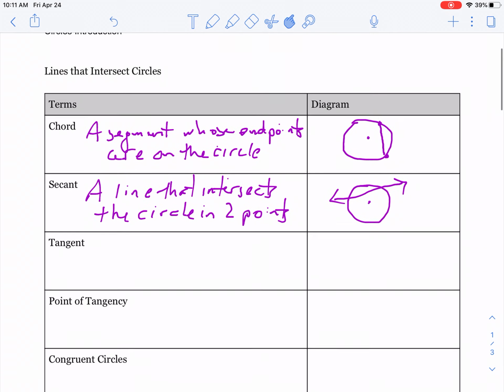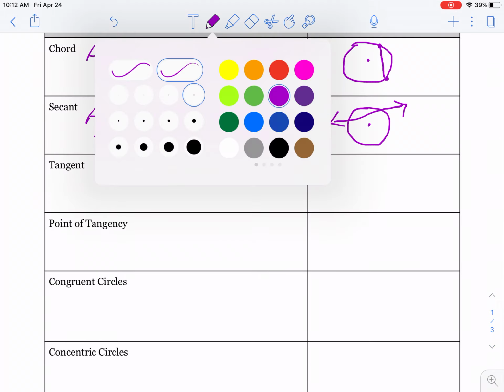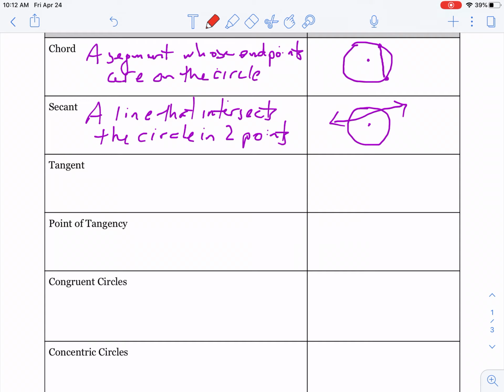Okay, let's talk about a couple other concepts or terms. Let's talk about what a tangent is. A tangent is the same idea with the line, only now this line instead is going to only intersect the circle at 1 point.